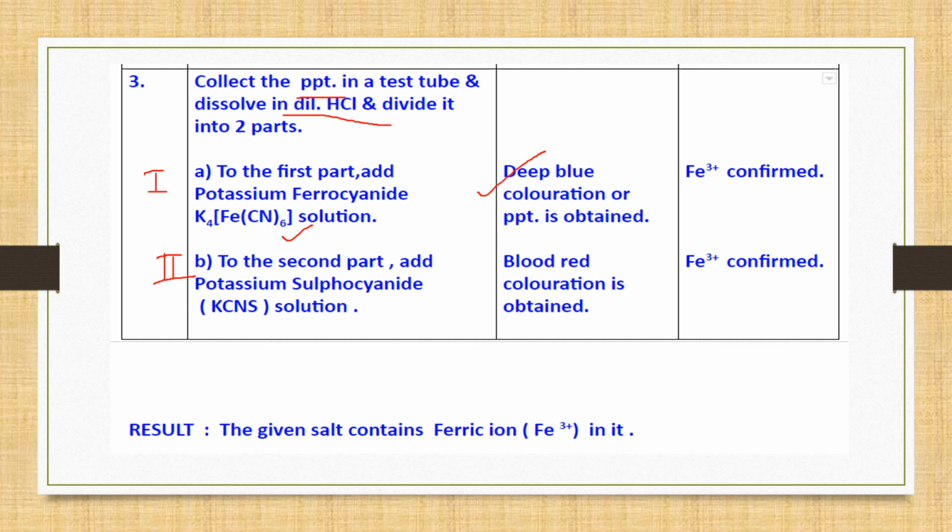To the second part, you will add potassium or ammonium sulfocyanide and it will give you a blood red coloration. Now these tests are so fast, you'll get instant coloration in the test tube and you can say that Fe3+ is confirmed in both cases.